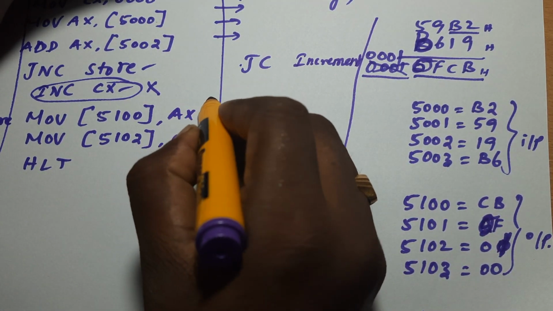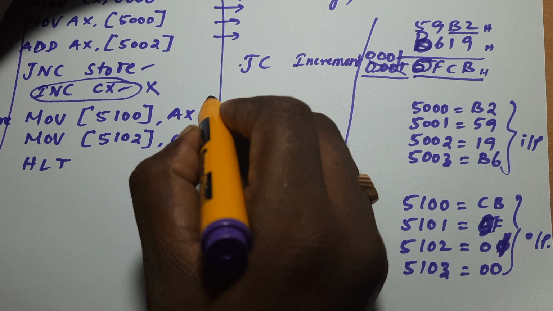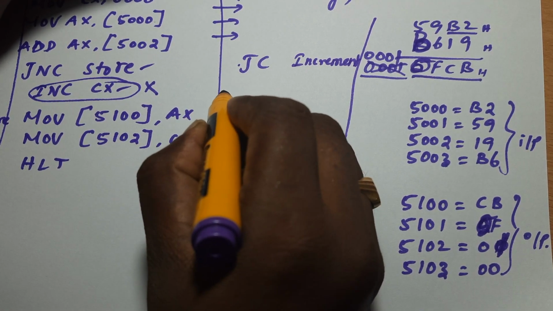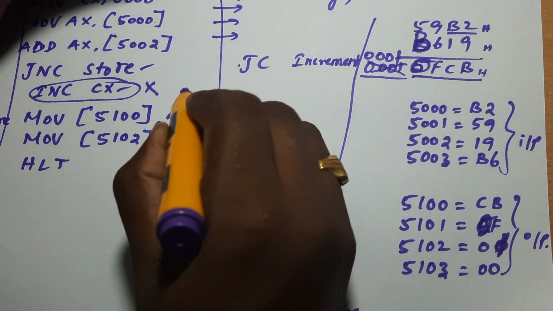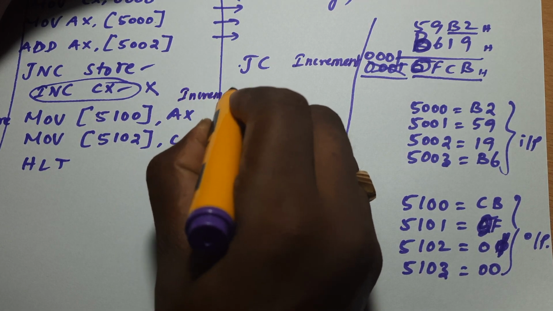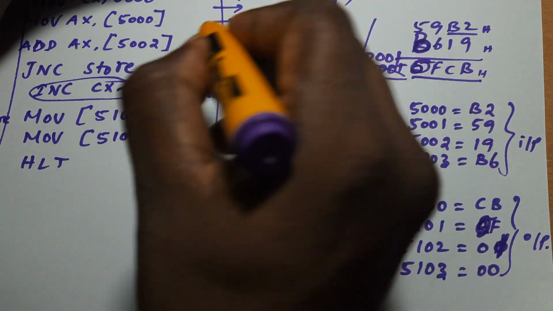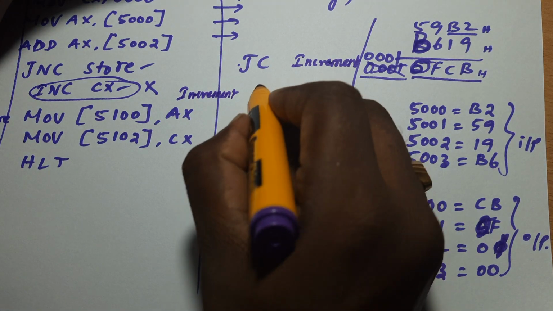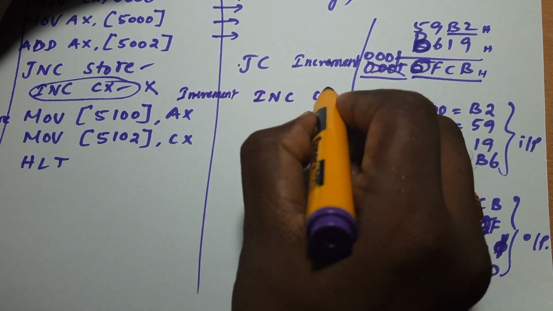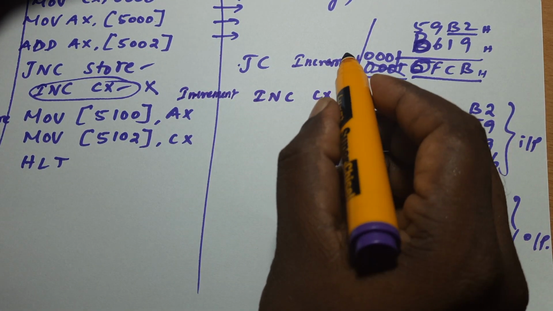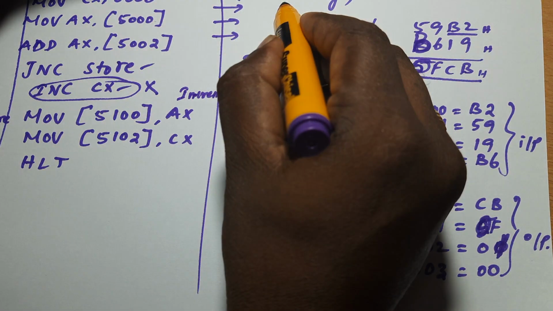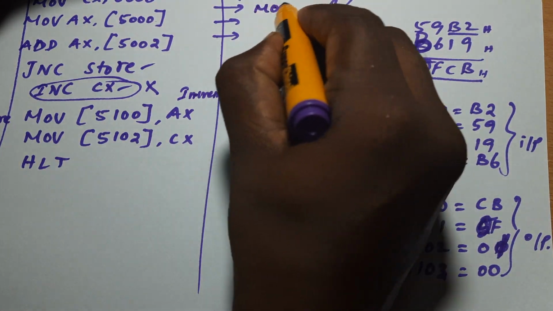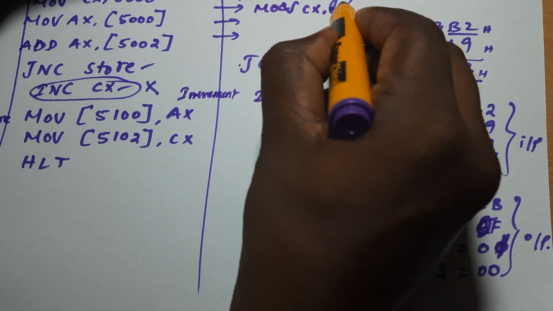Increment, what does it need to increment? It needs to increment the CX register. So where does increment go? Here it is. Increment, this label, it jumps from here to here. INC CX, it needs to be incremented. Now CX is actually initialized to 0000. MOV CX, 0000.